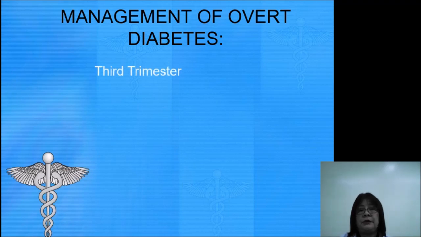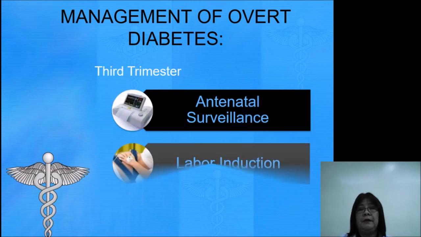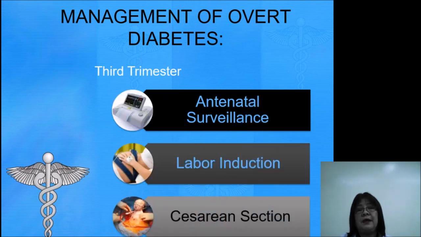Third trimester, what are we going to do with our pregnant patient? You have to do your surveillance testing. Monitor the fetus. Because as I have mentioned, one of the complications of diabetes during pregnancy is fetal demise. You do not want to receive a patient with a fetal death in utero.